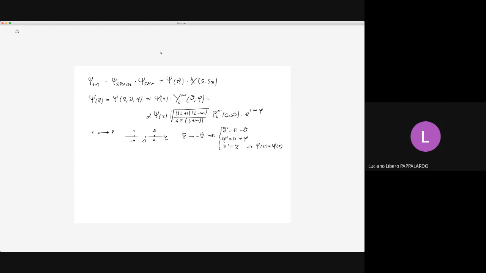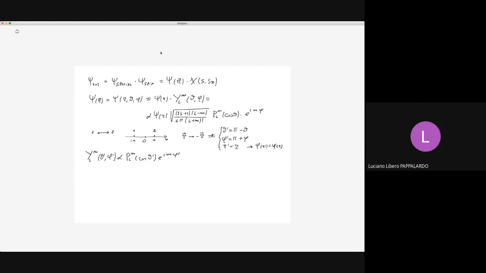So let's now see how the spherical harmonics look with exchanged coordinates. We write down our Y_L^m of theta prime, phi prime. We don't care about the coefficient. It's just proportional to the Legendre polynomial of cosine theta prime times e to the i m phi prime.